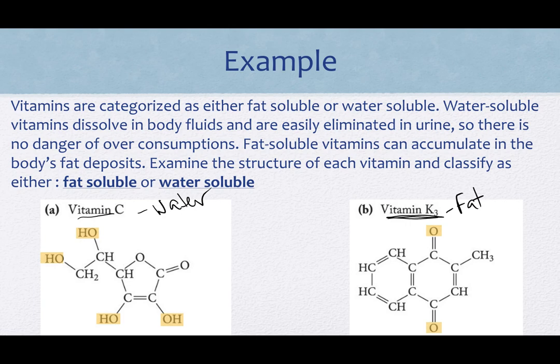Your body's going to use the vitamin C that it needs and then it's going to excrete the rest of it in your urine. That vitamin C, being water soluble, is going to dissolve in your body fluids and be eliminated in your urine. One of the running jokes is Americans have the most expensive pee in the world, because we consume a lot of vitamins that our body doesn't need or use, and we just excrete them in our urine.